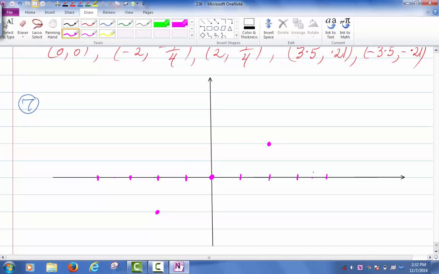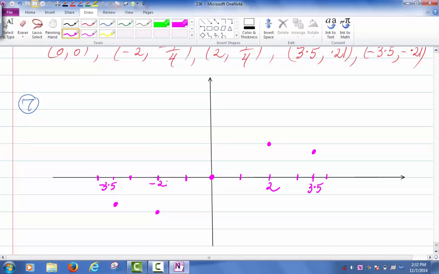So 0.21 is pretty close to 0.25. So this is 0.25, so let's say 0.21 is right there. And at negative 3.5, we would get something like here, let's say, 0.21. Is everybody okay? So this is 3.5. Here, this is 2 here. This is negative 2 here.